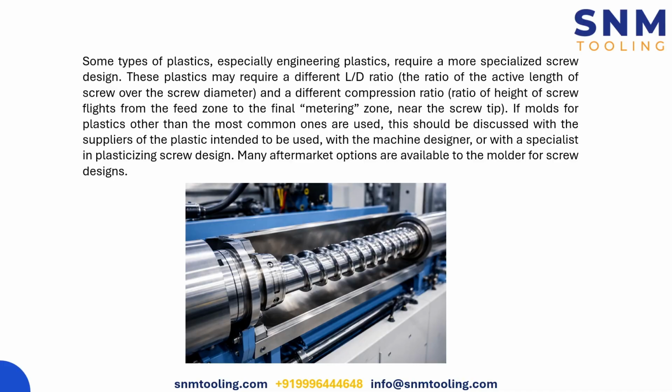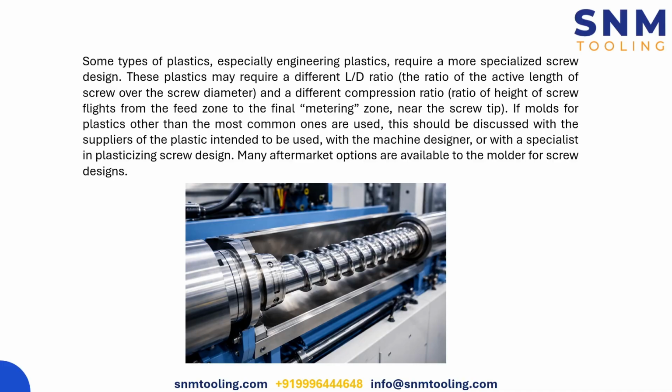Second thing is that the screw L to D ratio, the length to diameter ratio, is something which distinguishes one screw from the other. And why it is important is because the higher the ratio, the higher the melting quality and homogeneity.